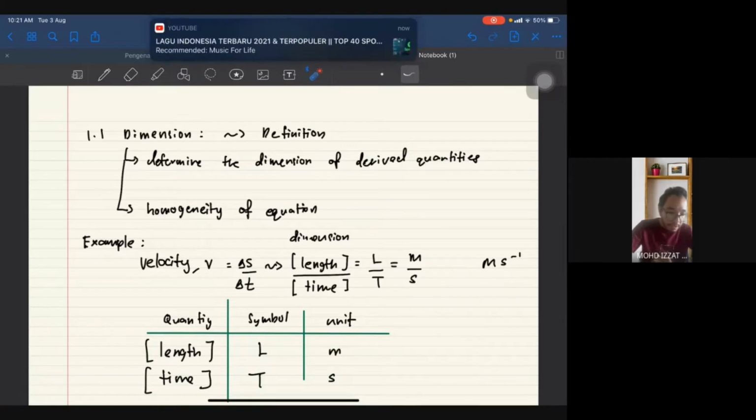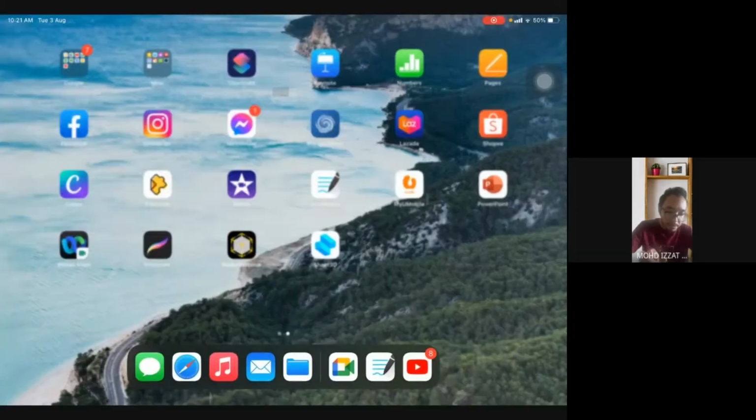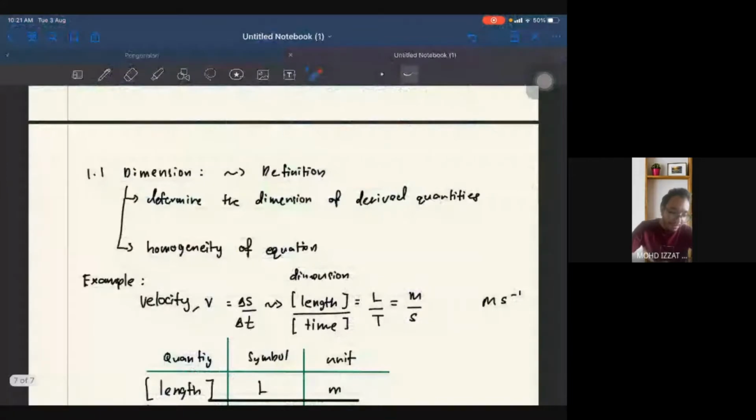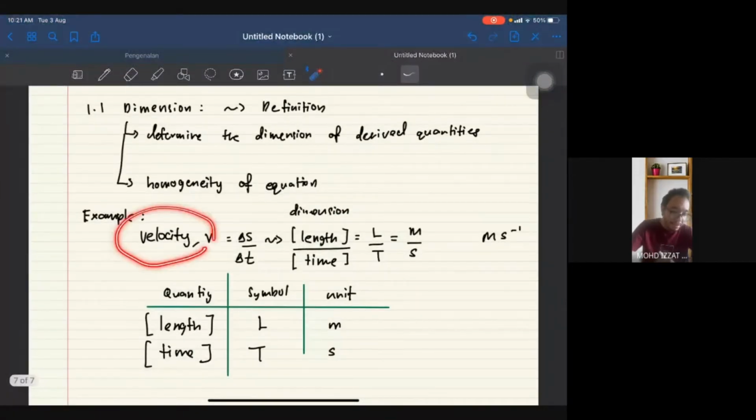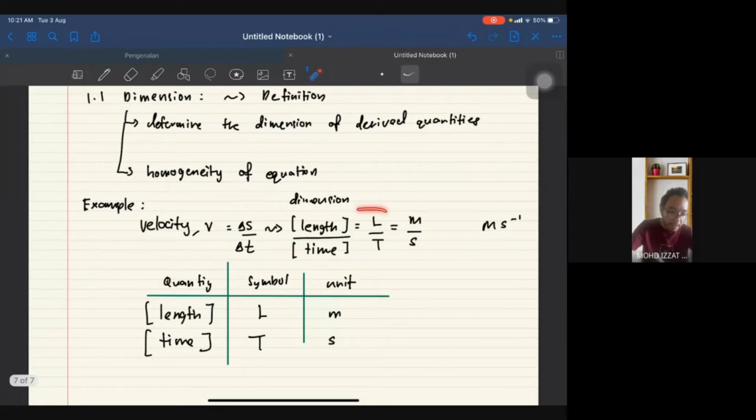So you have the main quantities here. Okay. And then you replace it with the formulas. And then you replace it with the dimension. Okay. This part is the dimension analysis. Yang tengah ni. So basically this syllabus is about this one. Hasilnya is the unit ni.